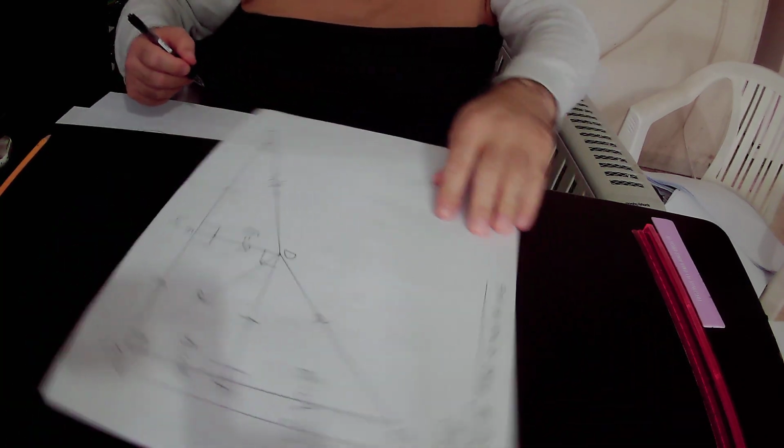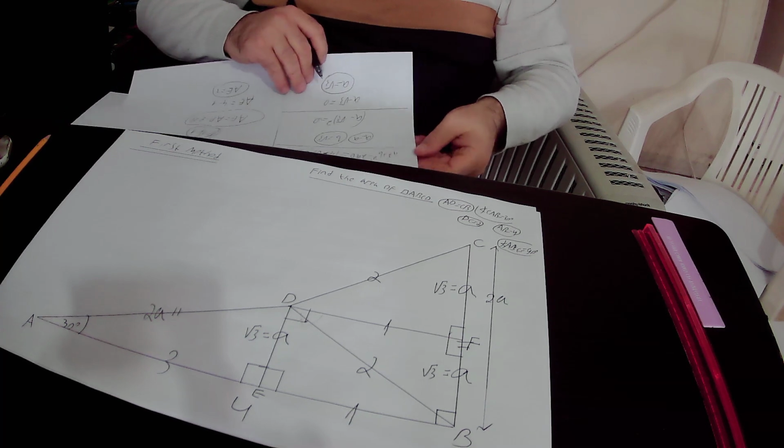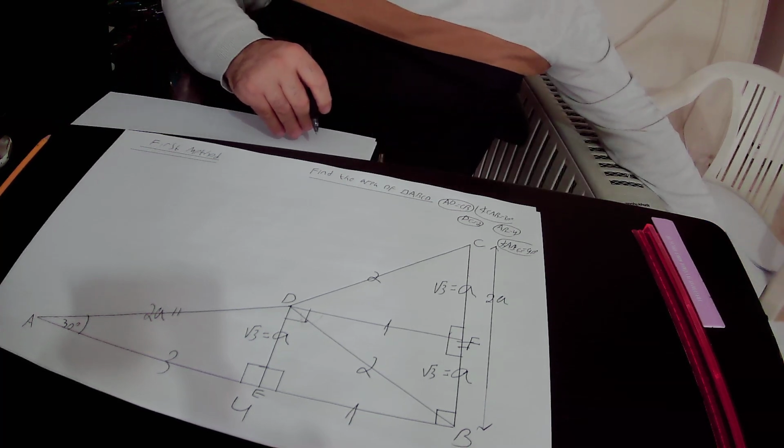So now we can easily find out the area of quadrilateral ABCD.